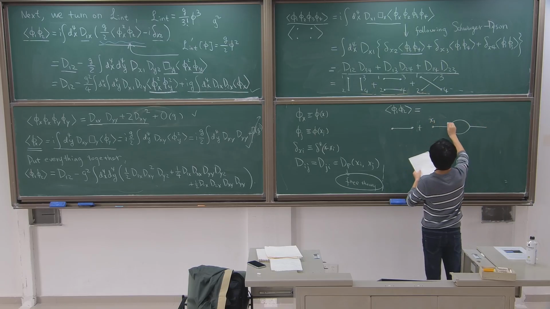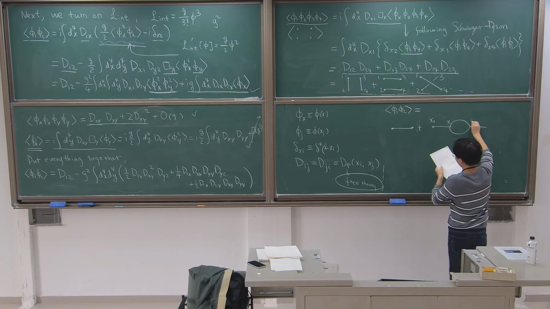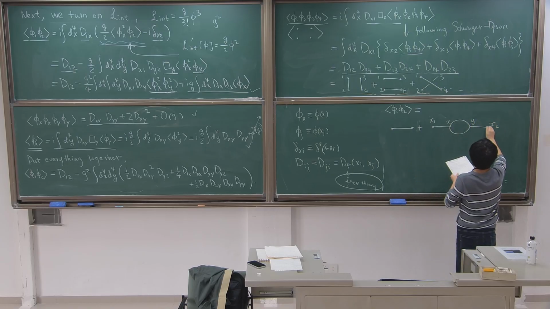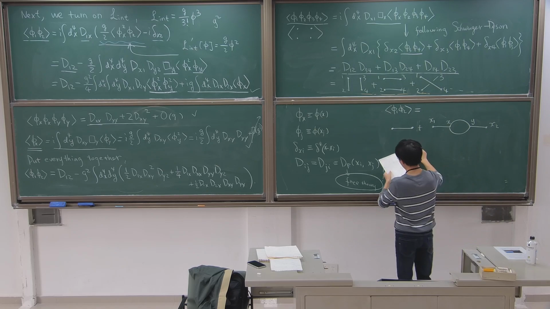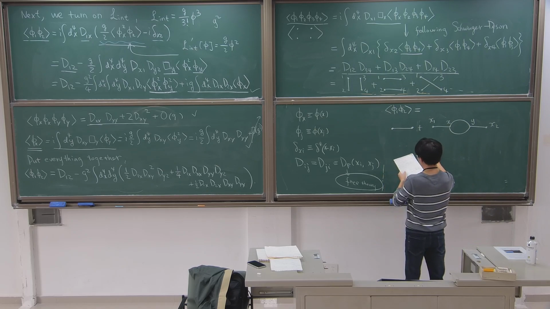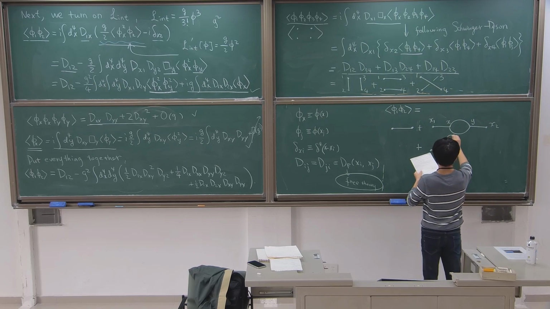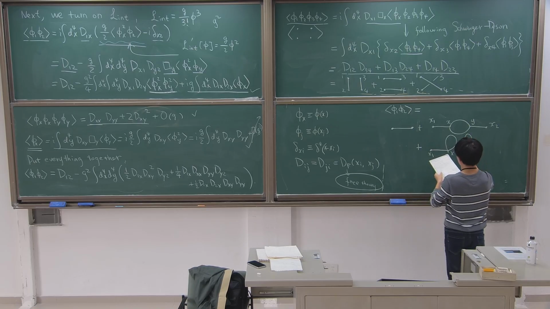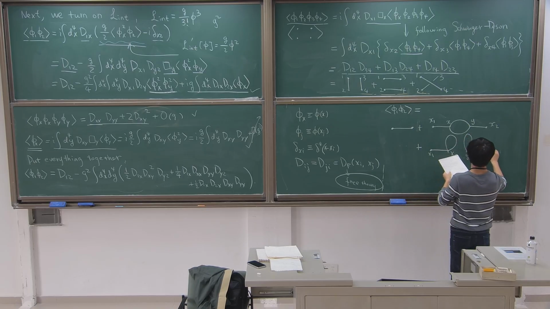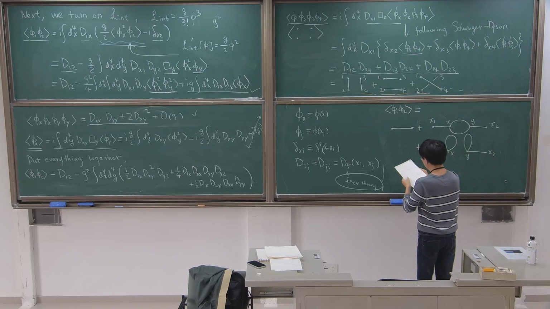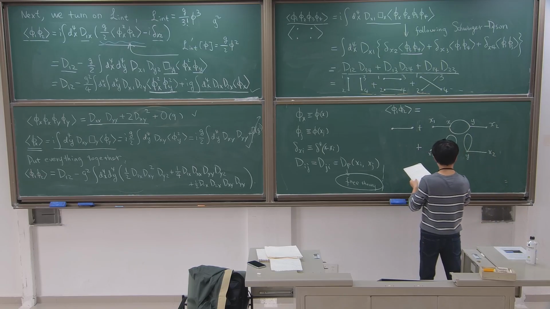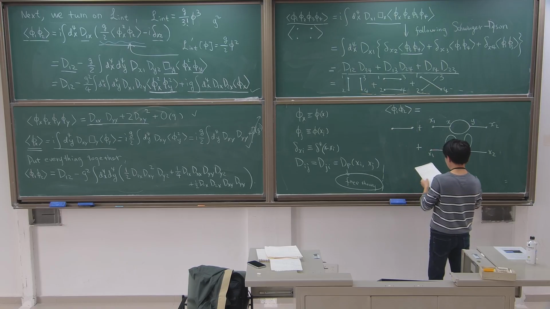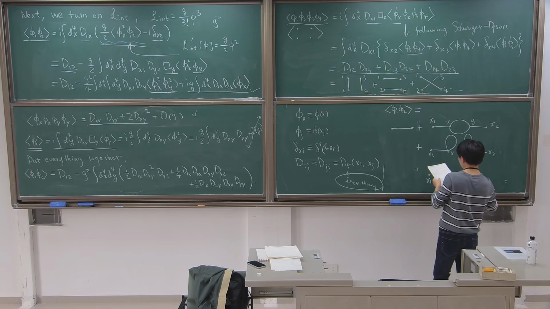This is x1, this is x, this is y, this is x2, plus this is x1, this is y, this is x2, plus this is x1, this is x, this is x2.